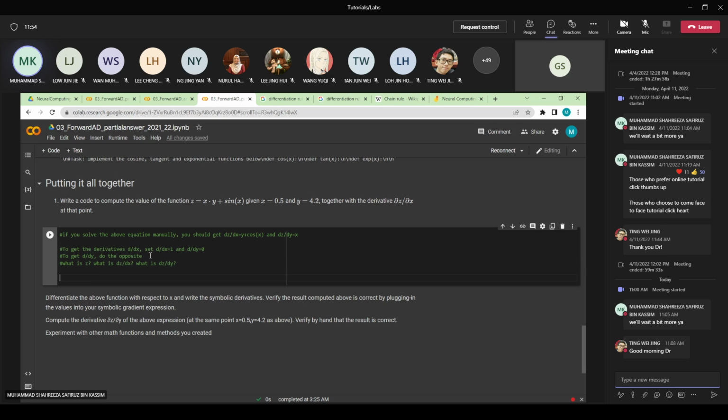When you set the derivative of x to 1 and y to 0, you'll get dz/dx. If you set it the other way around, you'll get dz/dy. So what is your answer? Can anyone share your answer?